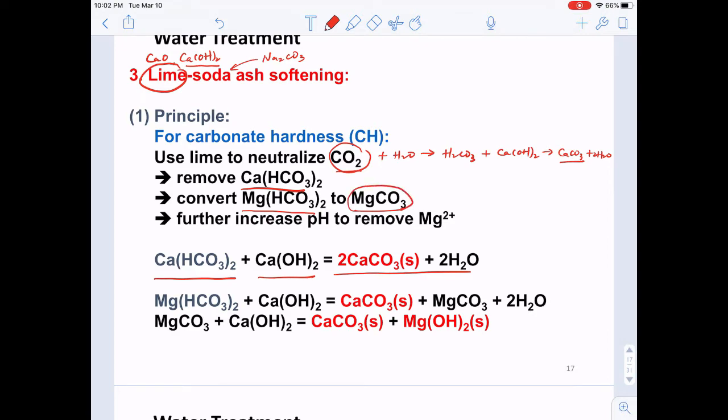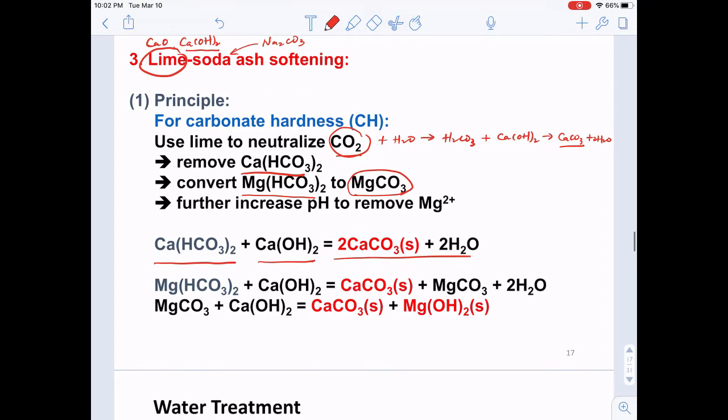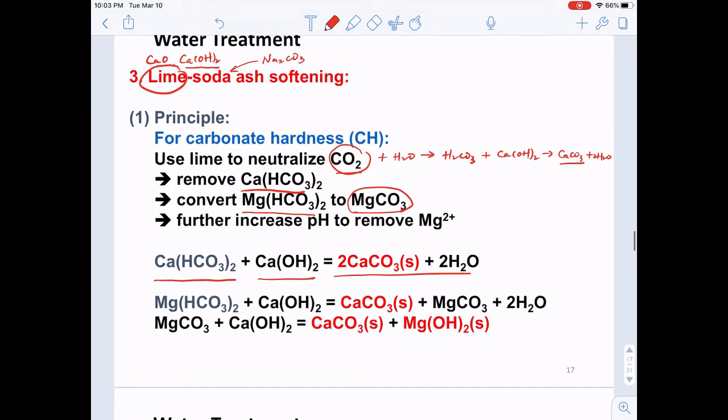We have to mention that magnesium carbonate is actually soluble in water, right? So this means that we have to add more calcium hydroxide to remove the magnesium. First, magnesium bicarbonate will react with the calcium hydroxide to form calcium carbonate and magnesium carbonate.